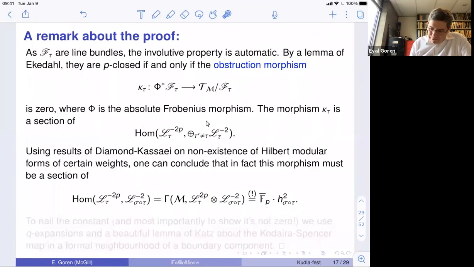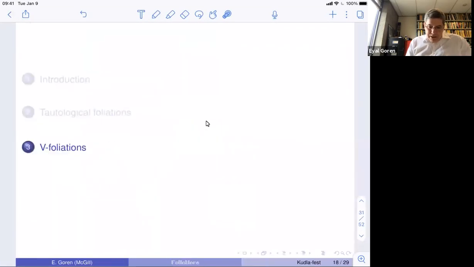And then we use a beautiful lemma of Katz about the Kodaira-Spencer behavior in the formal neighborhood of the boundary to find that, in fact, this constant is just 1. So it's precisely the partial Hasse invariant, or the square of it, which is the obstruction for F tau to be a foliation. All this fits very well with structures we already know.